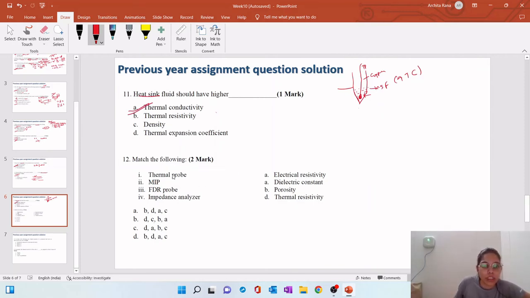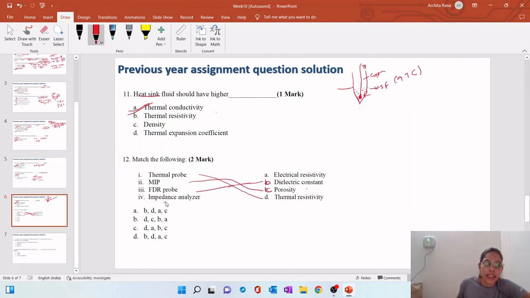Now match the following. We have to match the instrument with the type of identification they do. First is thermal probe. We have seen it is for the thermal resistivity or thermal conductivity. MIP is a mercury based porosity meter, and hence it is used for the porosity. Now FDIR frequency probe is used for the magnetic field analysis, and hence it is used to measure the dielectric constant.